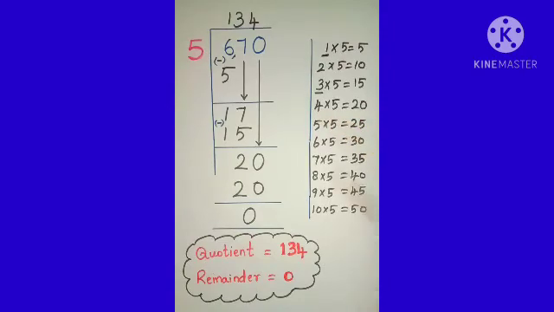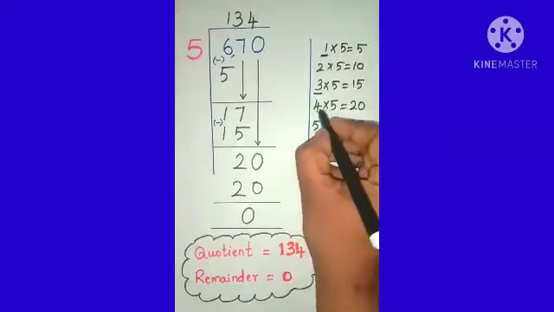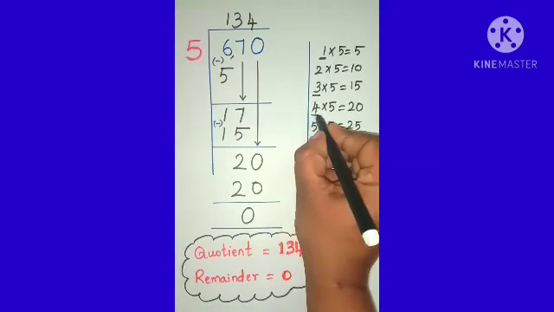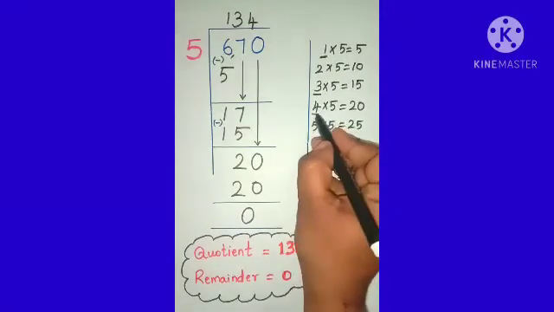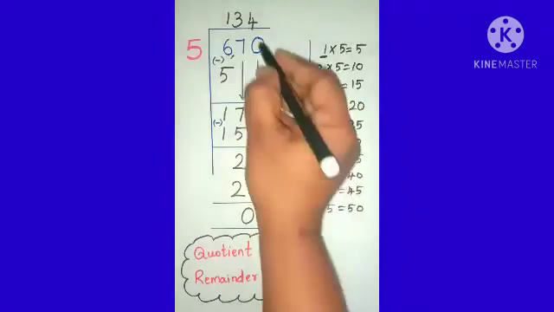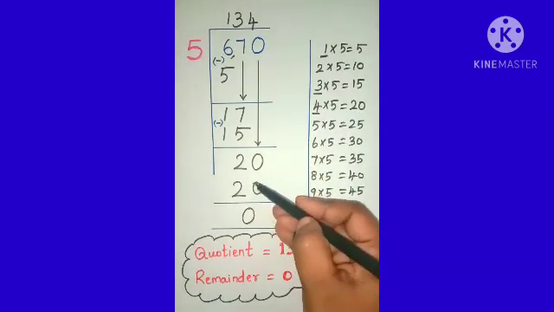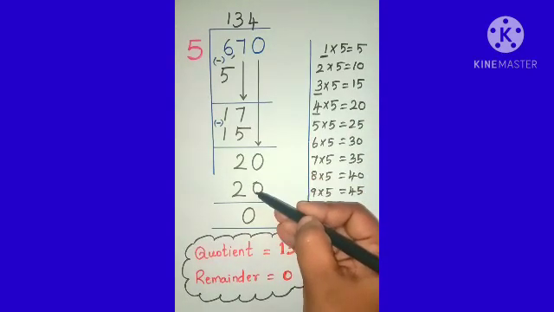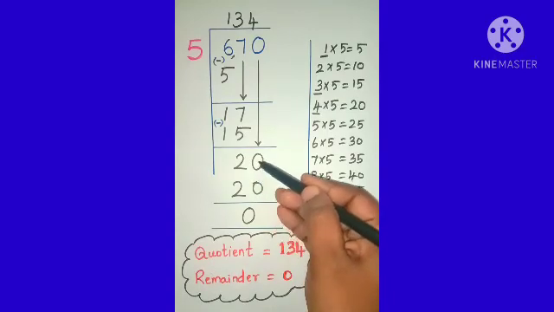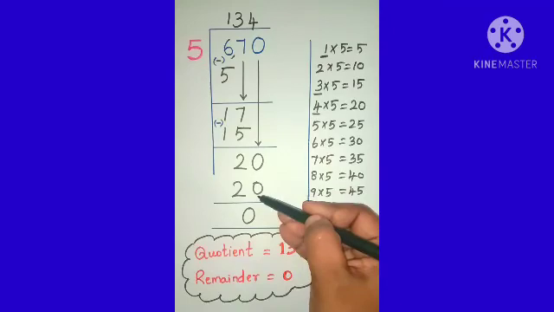Take this line. Here 4. Write 4 in the quotient place above the bar. 5 is the divisor, and 20 will be placed below the number 20.